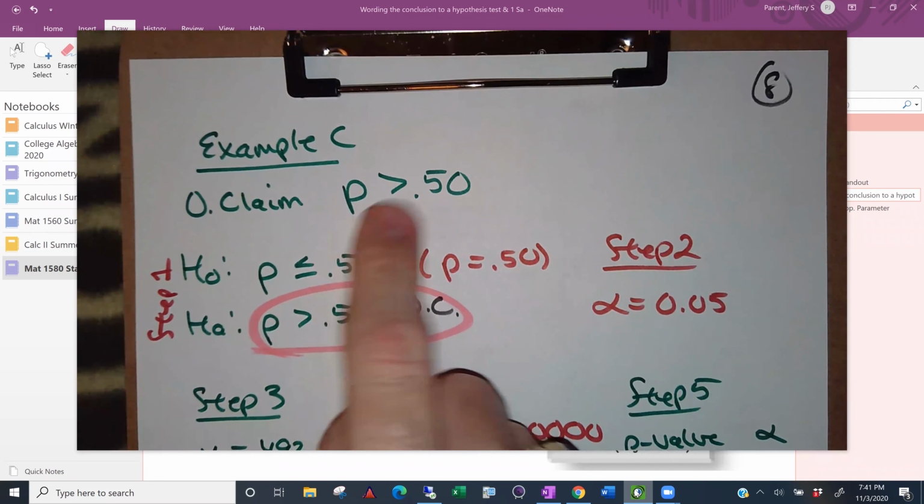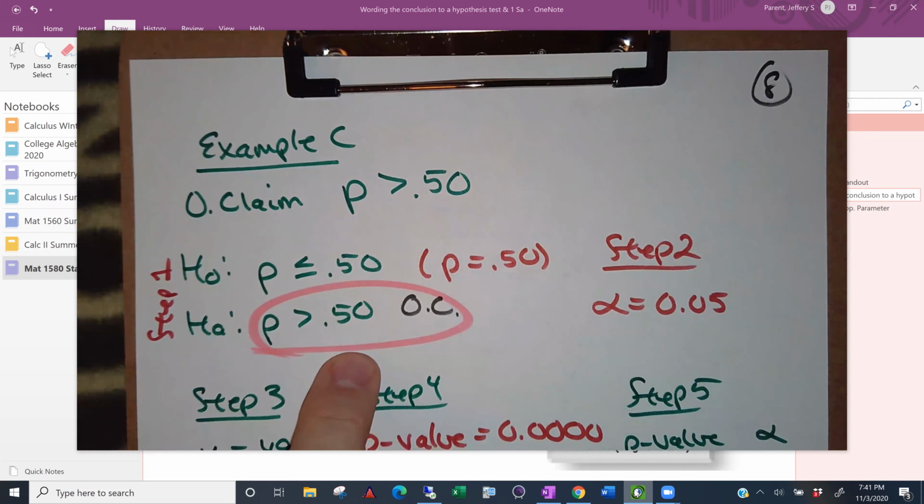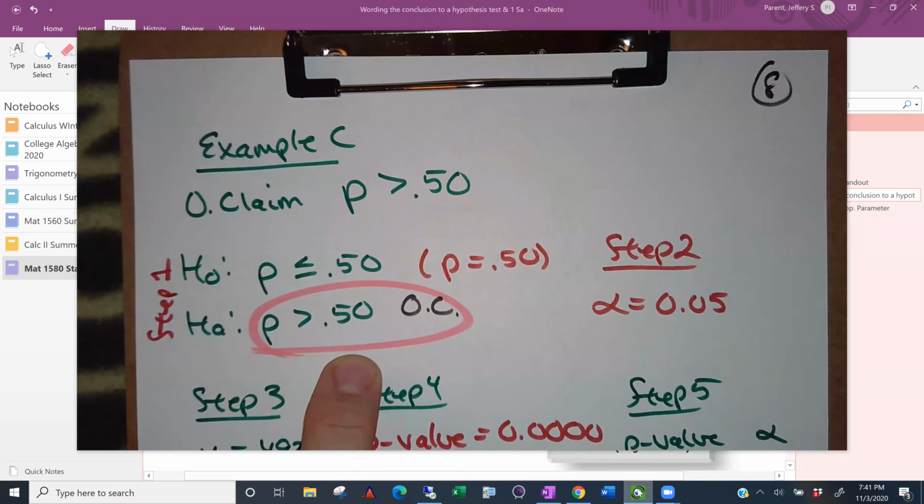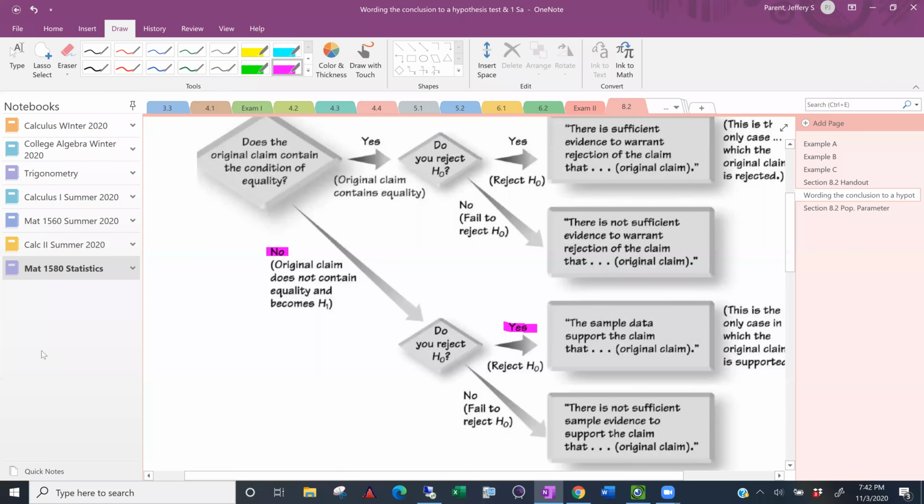So that was this claim right here, and that became part of the alternative hypothesis. So when you look at your flow chart, does the original claim contain the condition of equality? Well, no, because it was just a greater than. It wasn't a greater than or equal to, wasn't a less than or equal to, wasn't an equal to, it was just a greater than. So that's why we chose to go down on that first decision box as opposed to the right. All right, thank you. Thank you, Sarah.